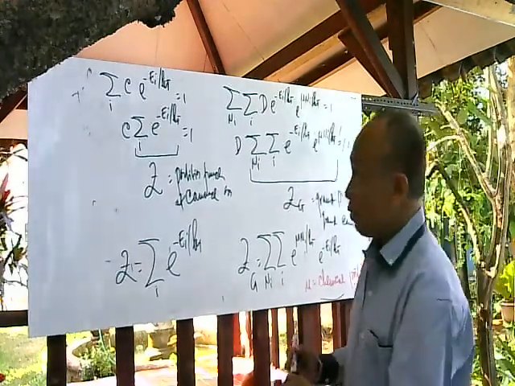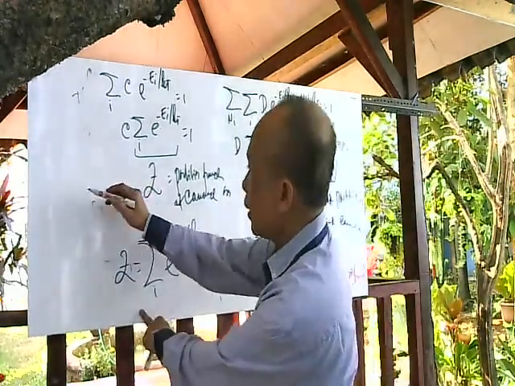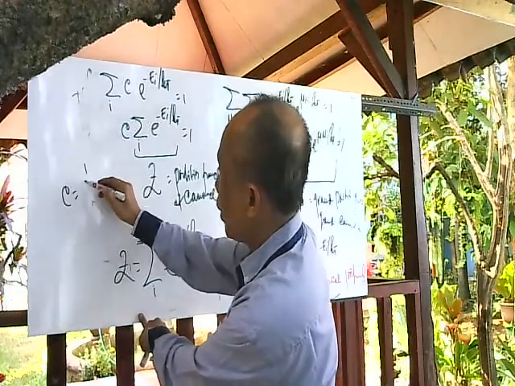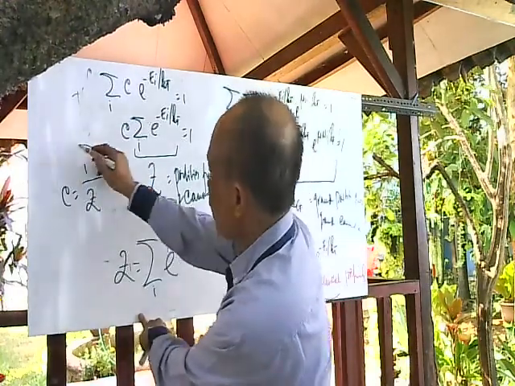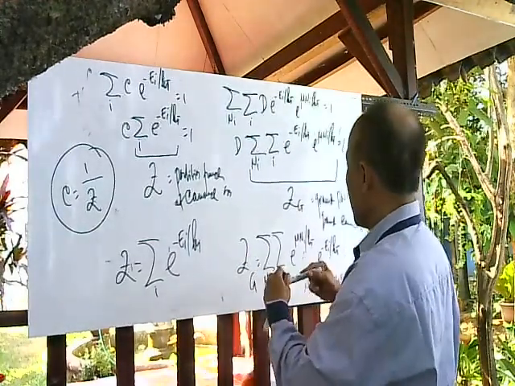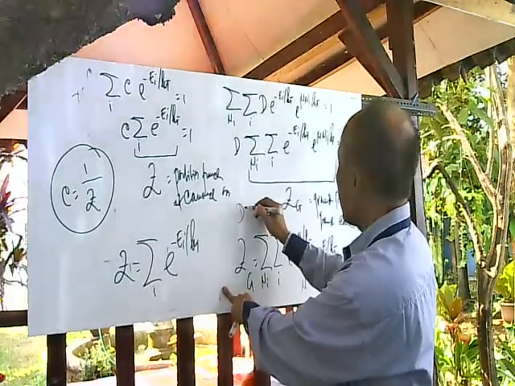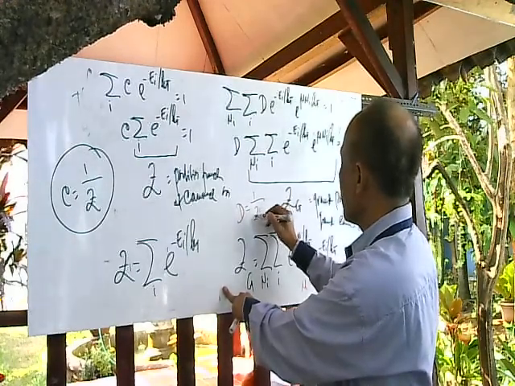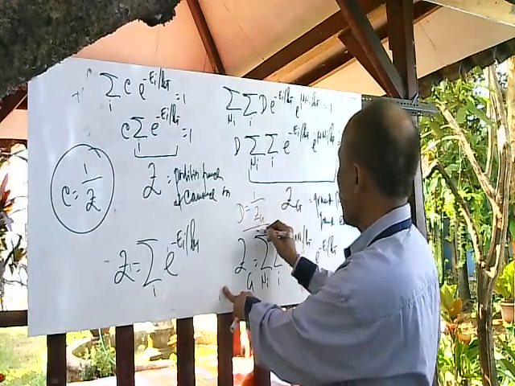From here, we can also write that C equals 1 over Z. And from here, we can also obtain that D equals 1 over Z for the grand canonical assembly.